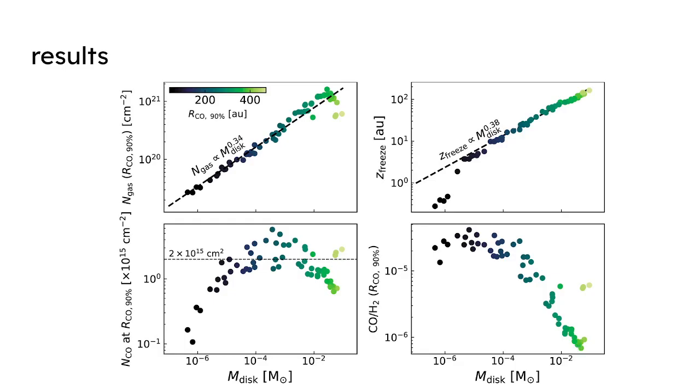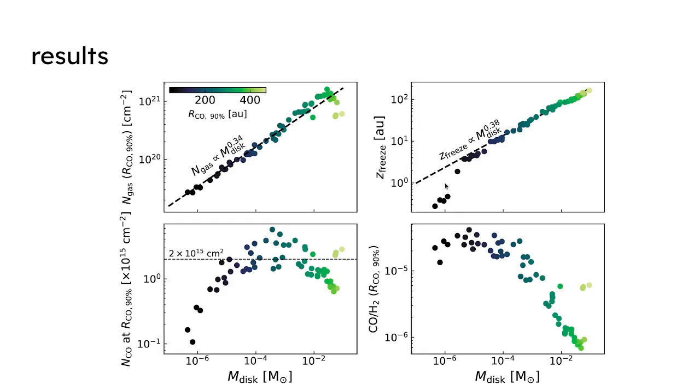The reason for that is in the top right figure, where they show Z freeze as it depends on disk mass. And that Z freeze is a location of the temperature 20 Kelvin at the radius of R90. They don't write R90 here, but this is also supposed to be at R90 because everything here is R90.